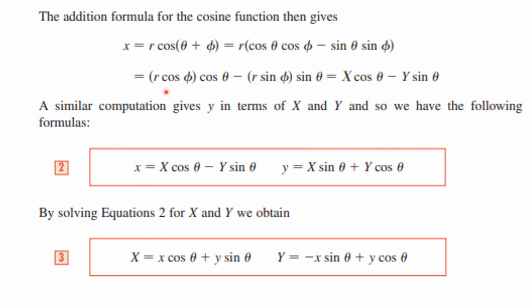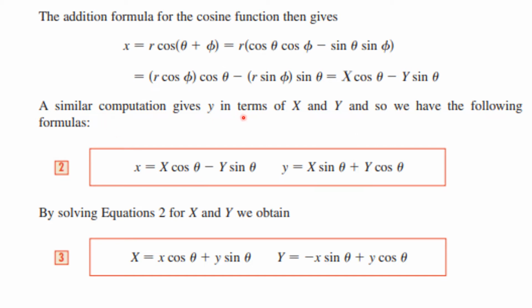And then I distribute the r and do some associative properties, so I will have r cosine phi cosine theta minus r sine phi sine theta. But this is the same thing as capital X, and this is the same thing as capital Y. So what we have is that x is equal to capital X cosine theta minus capital Y sine theta. That's what we have down here.